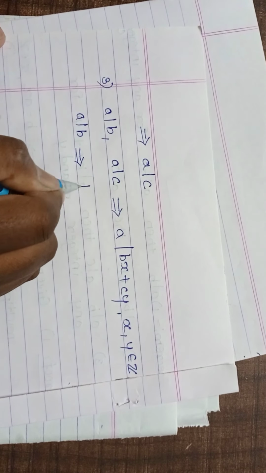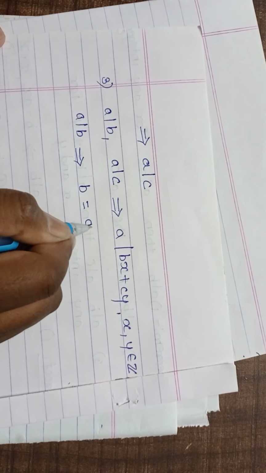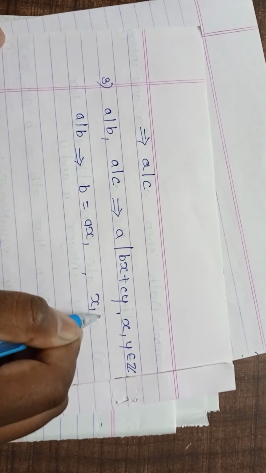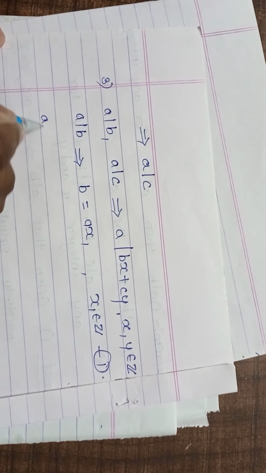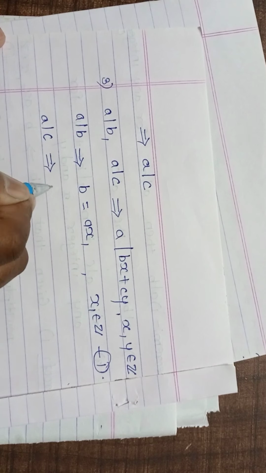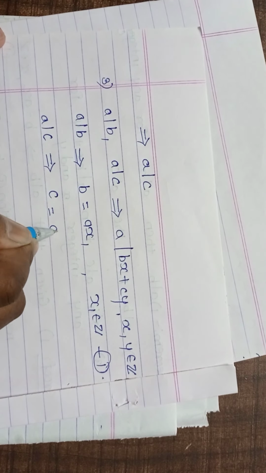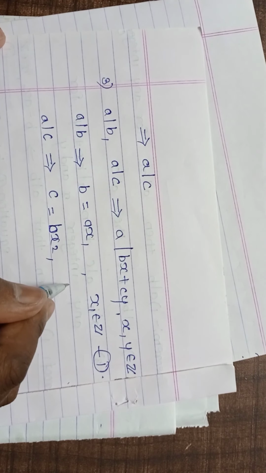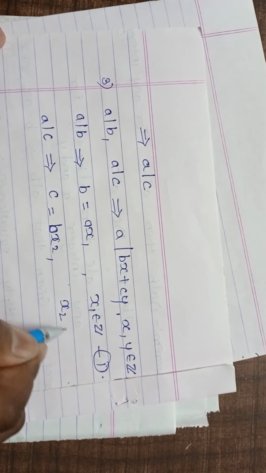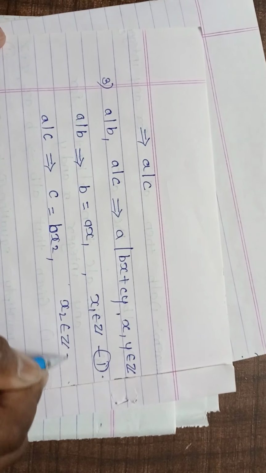Therefore, by the definition of divisibility, b is equal to a x1, where x1 belongs to Z. Equation number 1. Also a divides c. By the definition of divisibility, we can write c is equal to a x2, where x2 belongs to Z. Equation number 2.